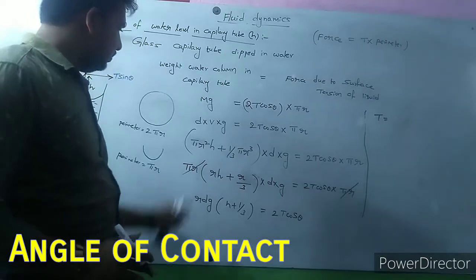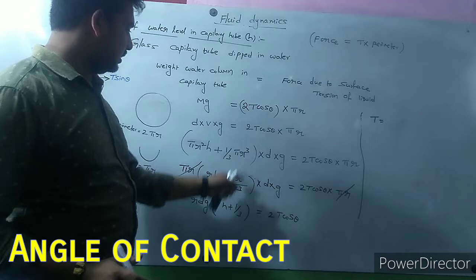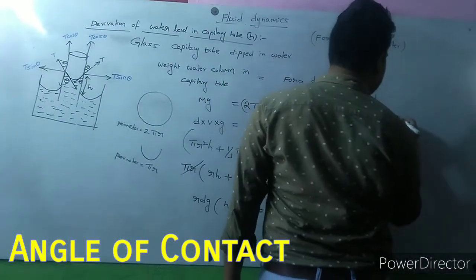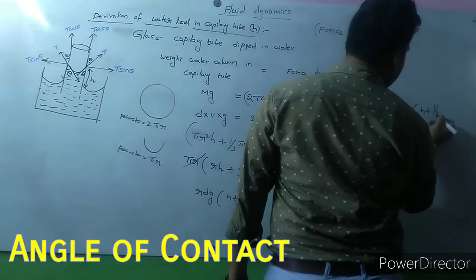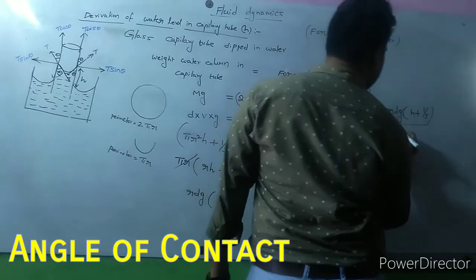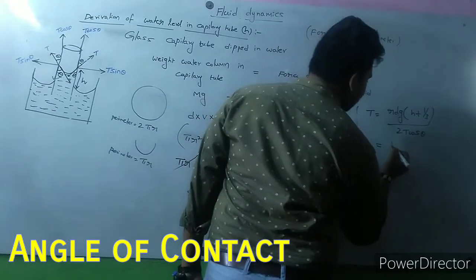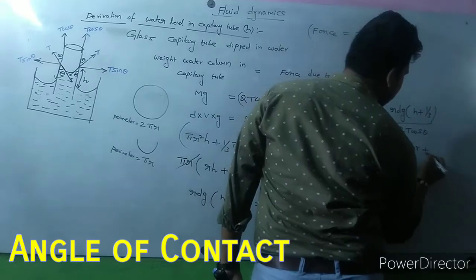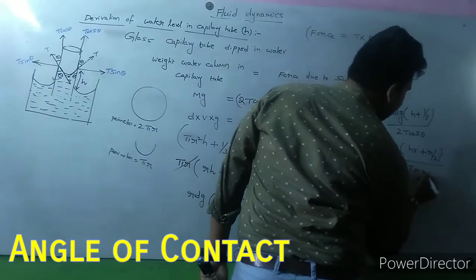Pi r has been taken common: rh plus r by 3. Then what is left here? r d g into h plus 1 by 3 is equal to 2T cos theta. So r moves inside: d g into hr plus r by 3 by 2T cos theta.